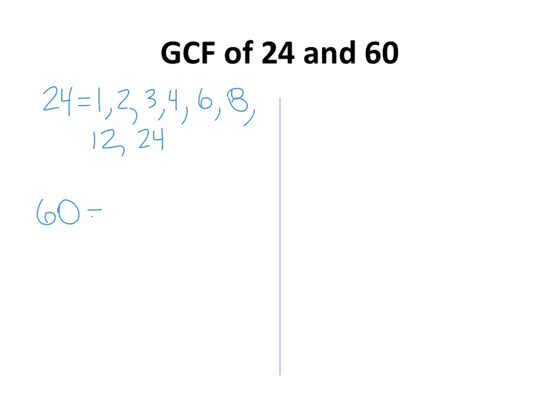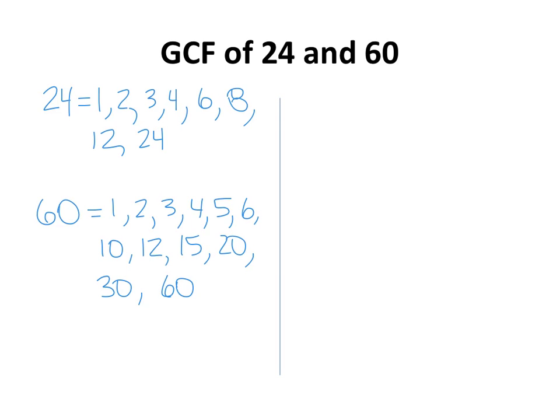In previous courses, when you were asked to find the greatest common factor, you might have started by making a list. So perhaps we list all the factors of 24. And then we do the same thing to list all the factors of 60. Once you've created the list of all the factors, we start going through to compare. 60 is not a factor of 24, 30 isn't, 20 isn't, 15 isn't.